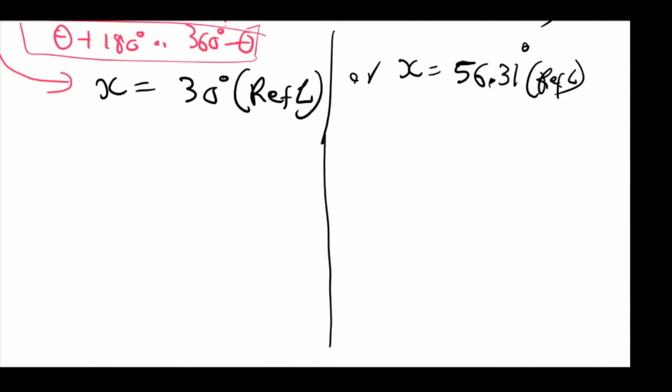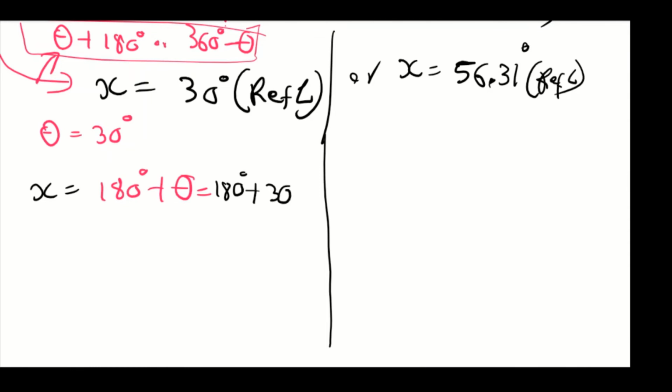So as I said, these are the angles you're going to use: 180 plus theta and 360 minus theta, of which your theta in this case is going to be your 30 degrees, which is your reference angle. So x will simply be equals to that 180 degrees plus theta, which is equals to 180 degrees plus the 30 degrees, right? So your x value in this case is going to be 210 degrees plus 360 degrees k, right?